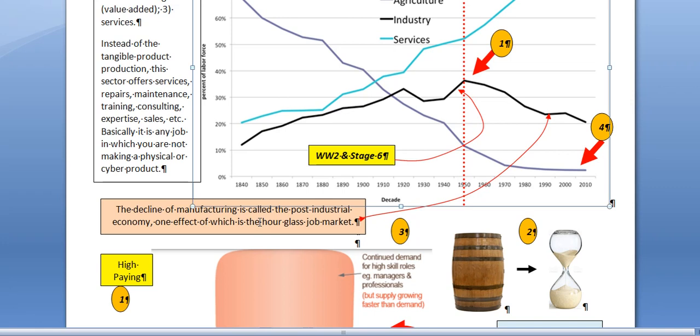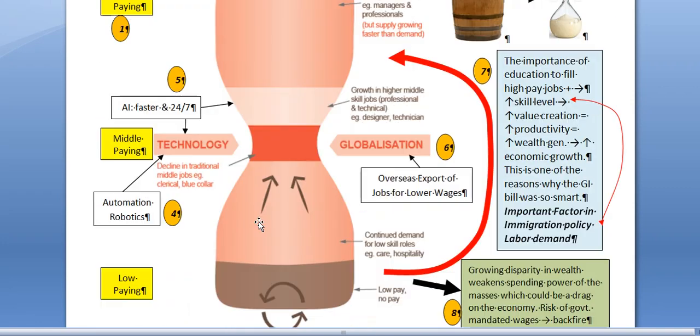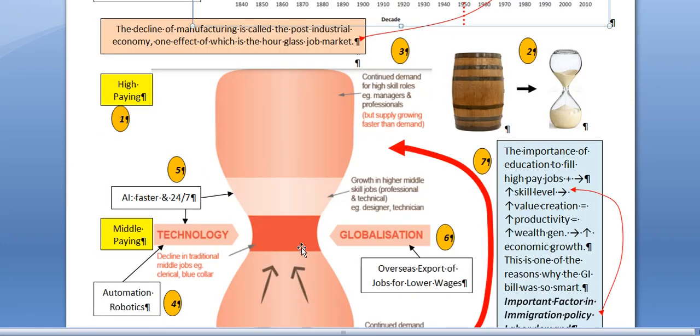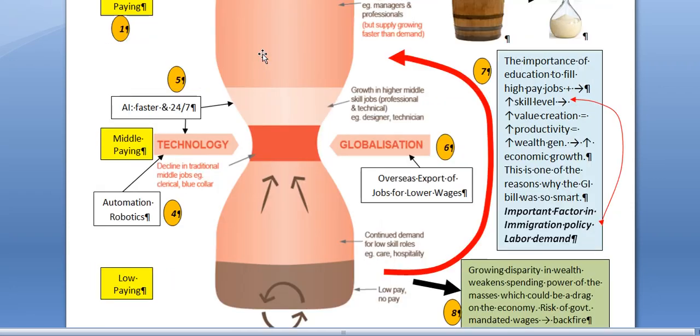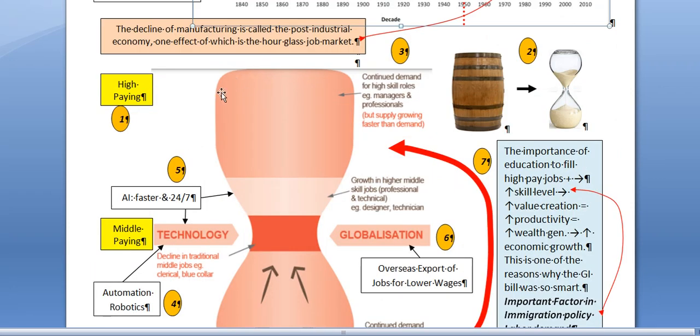And the rest of my lecture, I want to focus on this. Okay, so here's an hourglass. It used to be the economy looked more like a barrel, fat in the middle. Now it's skinny in the middle. And how it's patterned is there's high-paying jobs up here, low-paying jobs down here, middle-paying jobs right in the middle.